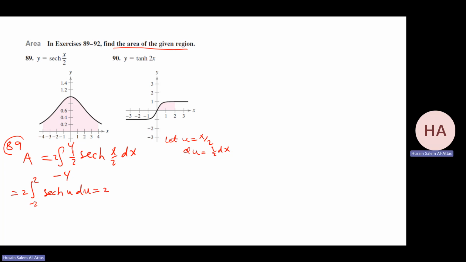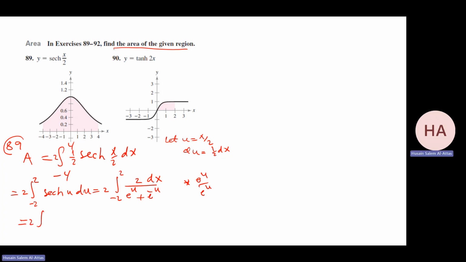Then I have 2 times the integral from -2 to 2 of 2 over e to the power u plus e to the power minus u, which is the reciprocal of cosine hyperbolic. Now multiply by e to the power u over e to the power u.